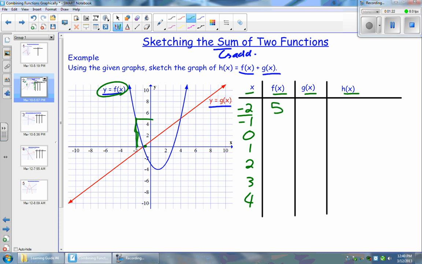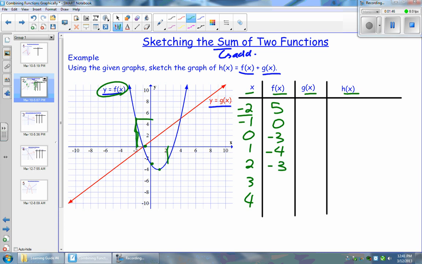At -1, my corresponding value is 0, so that's the x-intercept. At 0, my corresponding y value is going to be -3. At 1, I'm going to have what looks like a vertex there, which is at 1 comma -4. And at 2, I have a corresponding y value of -3.